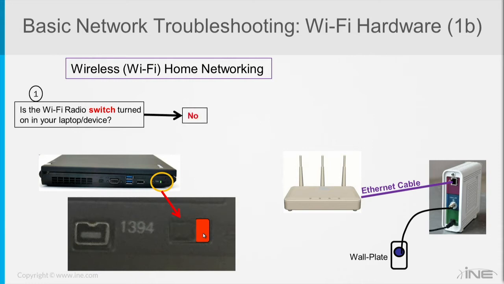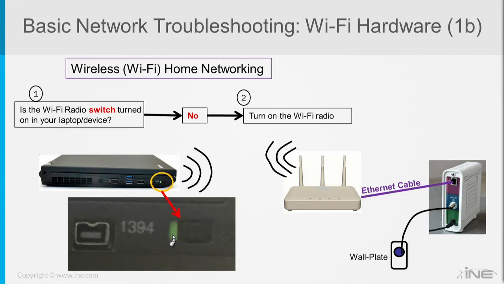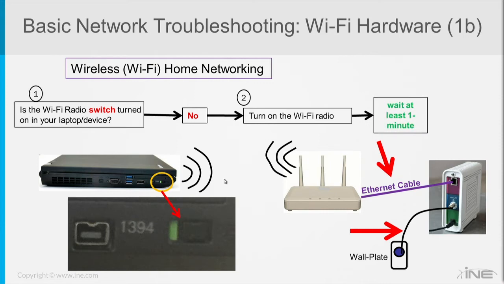So let's go ahead and turn on the Wi-Fi radio. So we'll just move that switch over until it's green, and hopefully, if everything else is plugged in correctly, after about a minute for the Wi-Fi signals to connect and for your laptop to learn of its IP address and everything, then you will have connectivity restored.